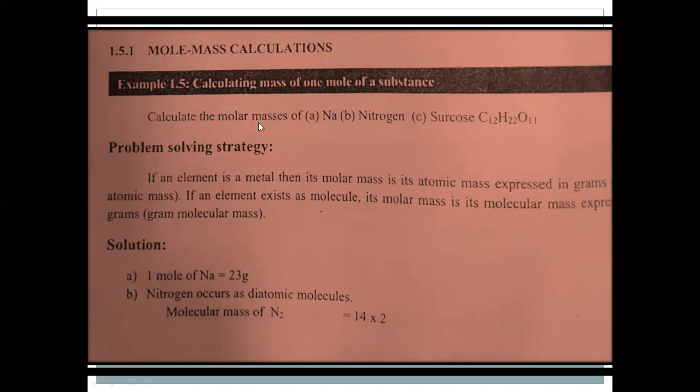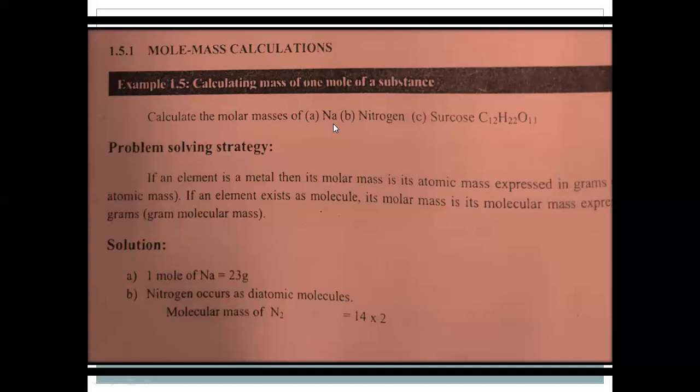You can see the first example 1.5, calculating the mass of 1 mole of a substance. We have to find the mass, and moles are given. Moles given is 1 mole, and we have to find the mass of the substance.